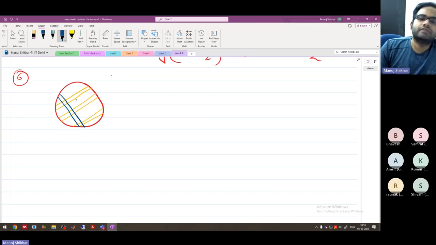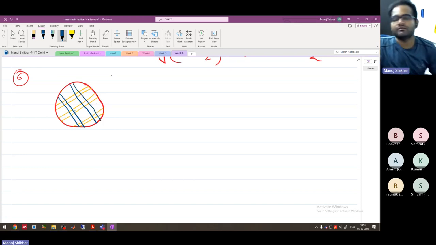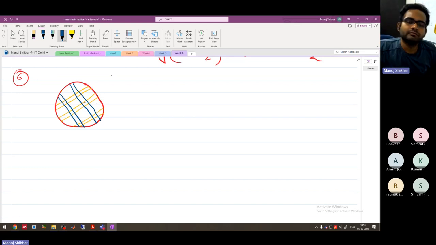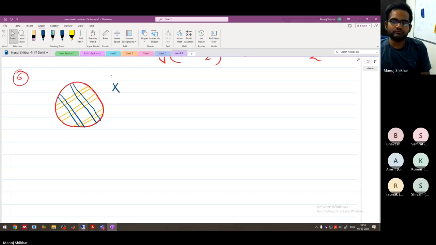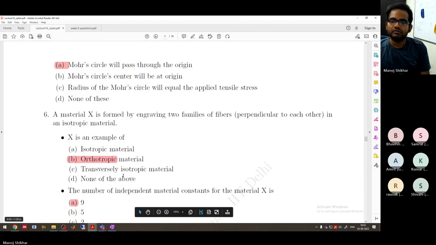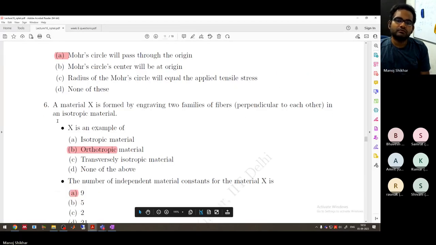Then we inserted two different families of fiber, the yellow family and the blue, or algae green, family, and they are perpendicular to each other. So the new material we have got, they have named it X. Now they're asking, X is an example of.